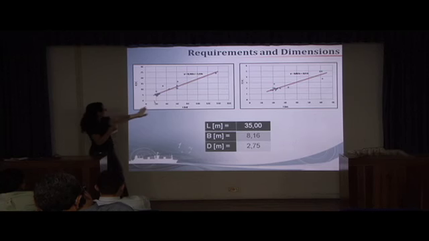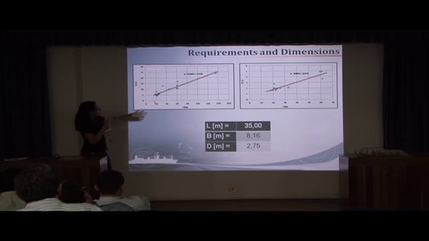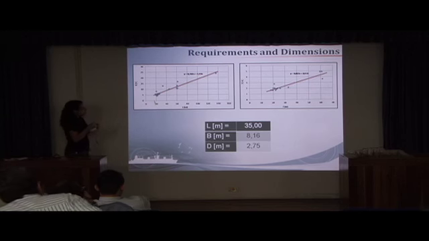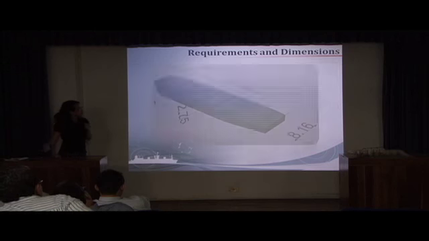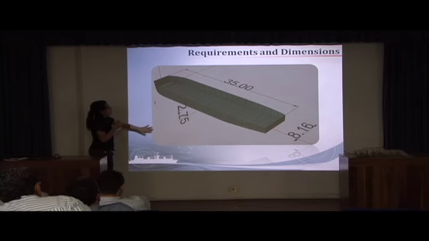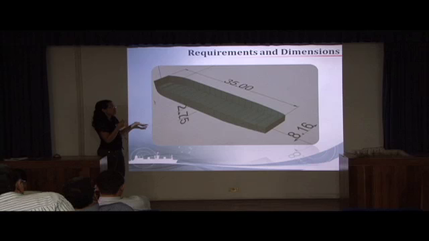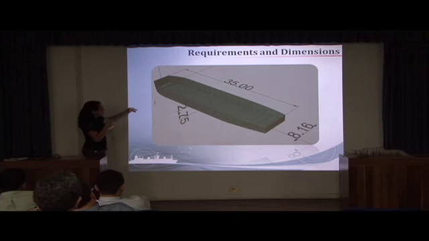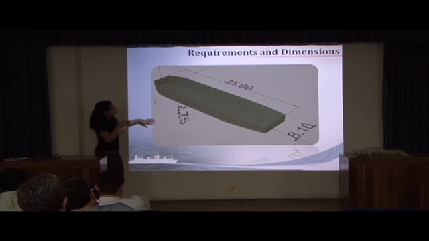So with the 35 meters, I enter on those graphs, and I obtain the breadth and the depth. So these are the values, the results. This is the model, the hull with the main dimensions in the Rhinoceros program.